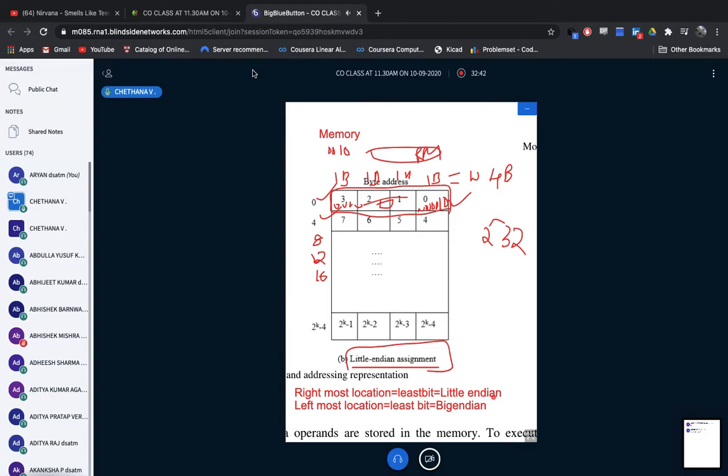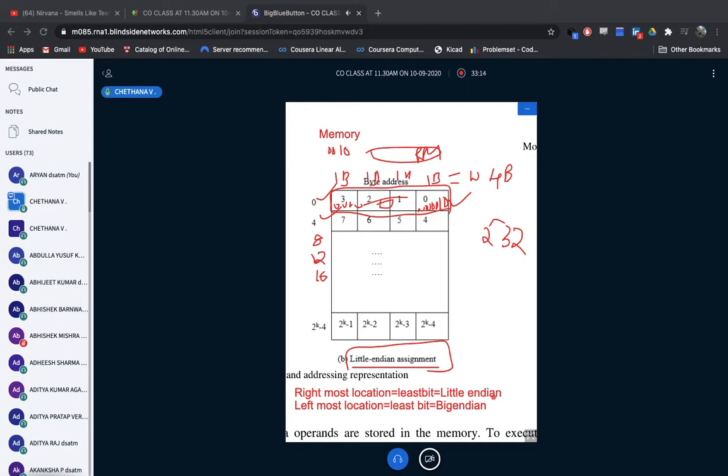Some other companies may use big endian, and in some memory requirements, like embedded systems, where data is not accessed repeatedly, they may use big endian. But in our scenario, we are going to use little endian only, not big endian.